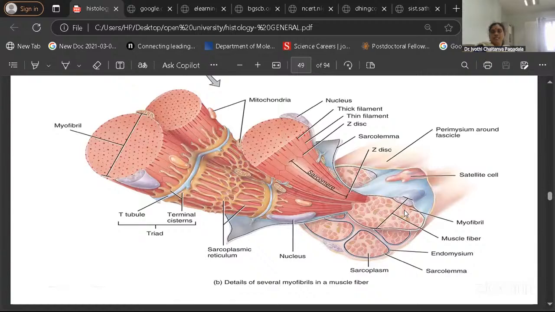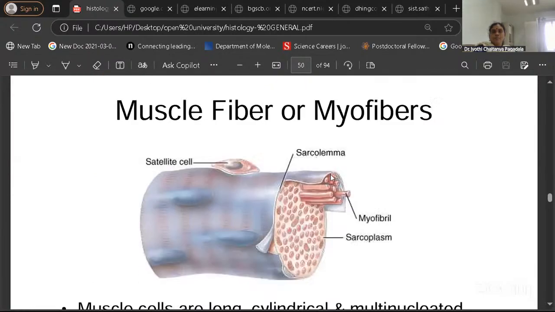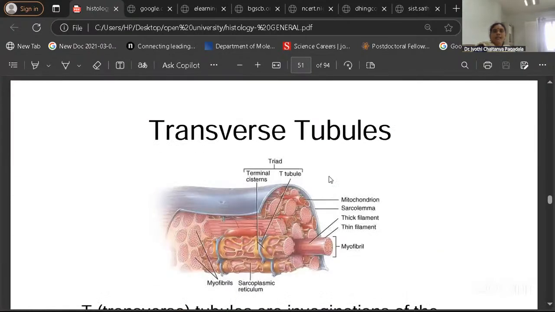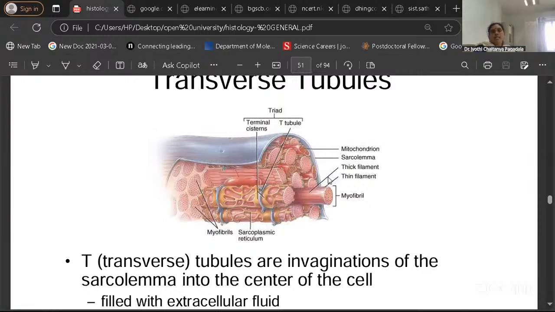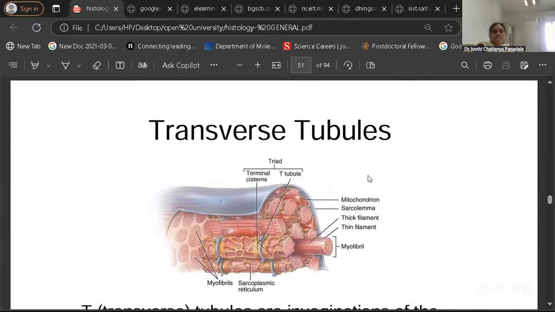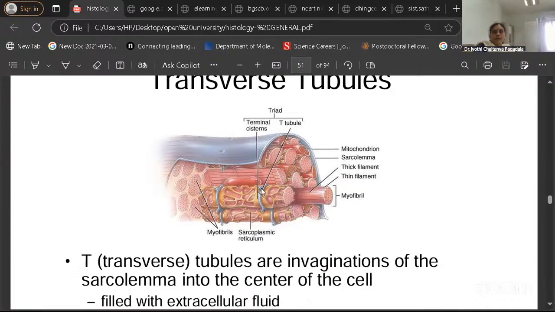Here also you can see the presence of myofibrils, and here you can see the sarcolemma and transverse tubules. What are transverse tubules? They contain the terminal cisterns, and these transverse tubules are invaginations of the sarcolemma.